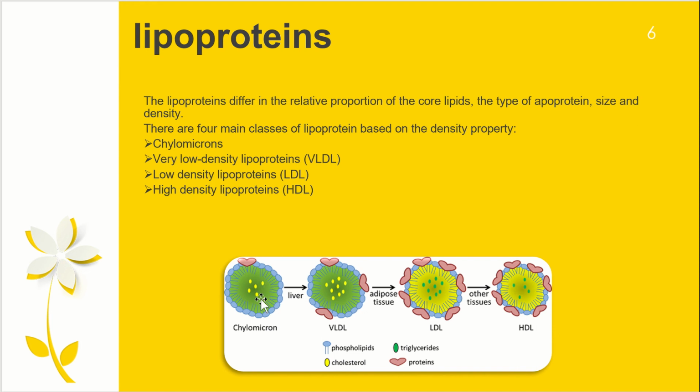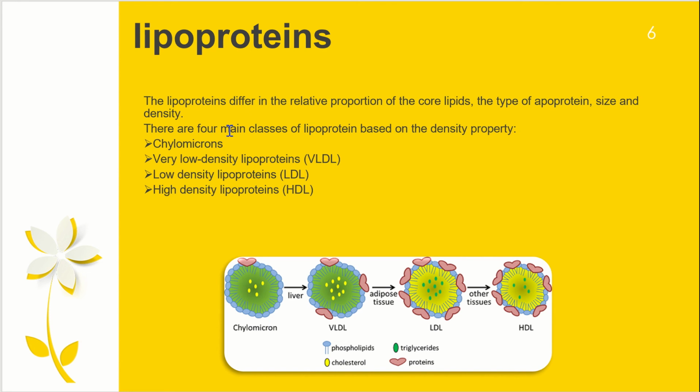So this is basically how they are, and we're also seeing an arrow which suggests that there is some conversion going on. So in the liver, you have conversion of your chylomicron to your VLDL, and then your adipose tissue converts your VLDL to your LDL, and other tissues convert your LDL to your HDL.